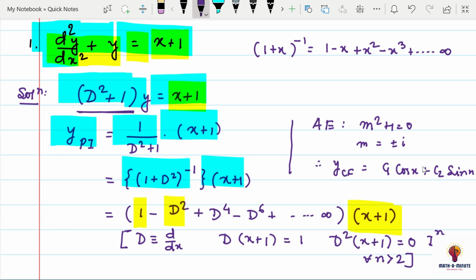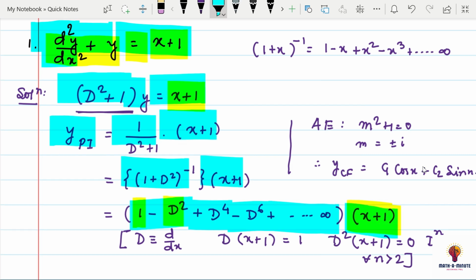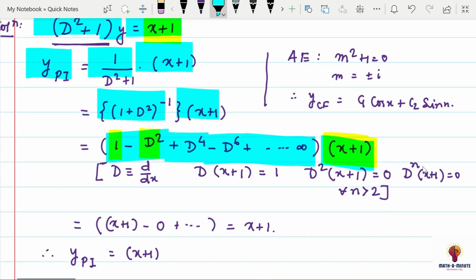In the place of x, if I put D square, it will be 1 minus D square plus D to the power 4 minus D to the power 6, up to infinity, and the given function is x plus 1. Here we know that D is basically the operator d/dx. If we apply this operator once on this function, it will be equal to 1.